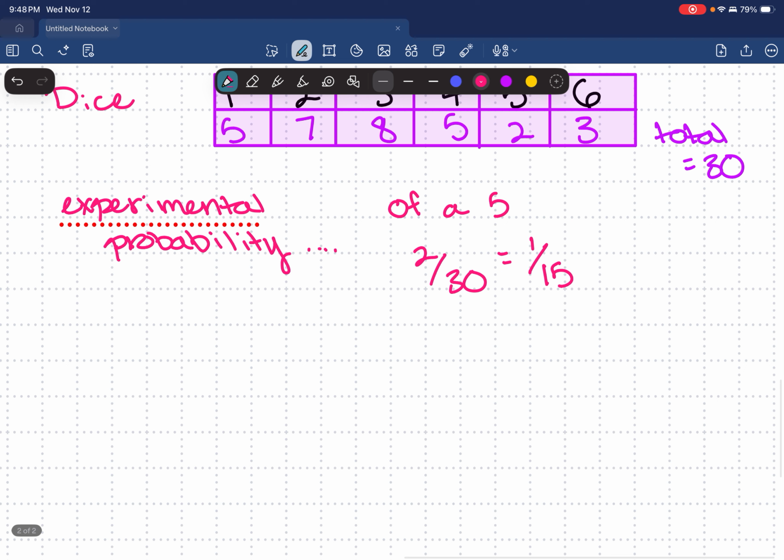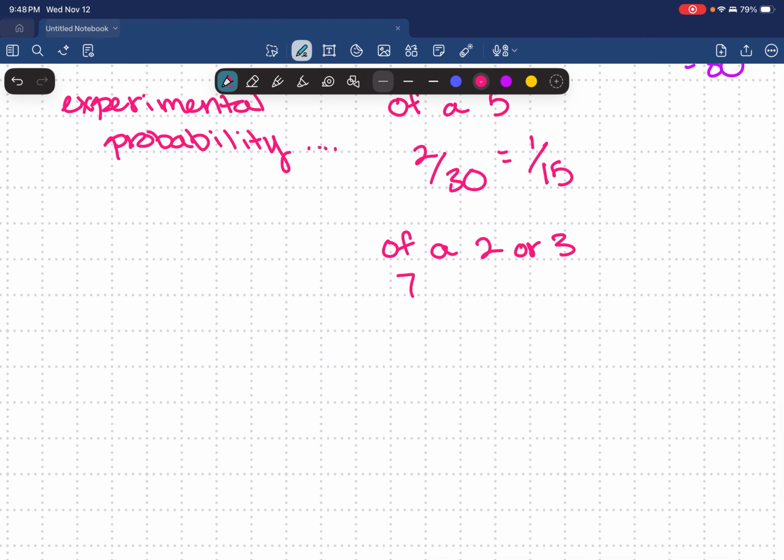All right, how about of a 2 or 3? That's 7 plus 8, and then that's over 30, and that is 15 over 30, and you can simplify that to 1/2.